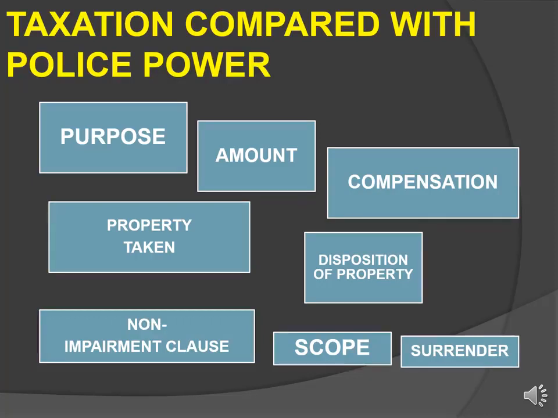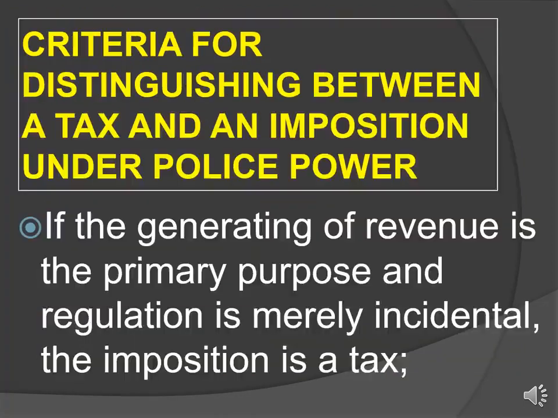But when you pay a license fee under police power, then the state gives up certain of its prerogatives, and consequently the licensee is allowed to do something which he is not allowed to do unless he first pays the license fee.